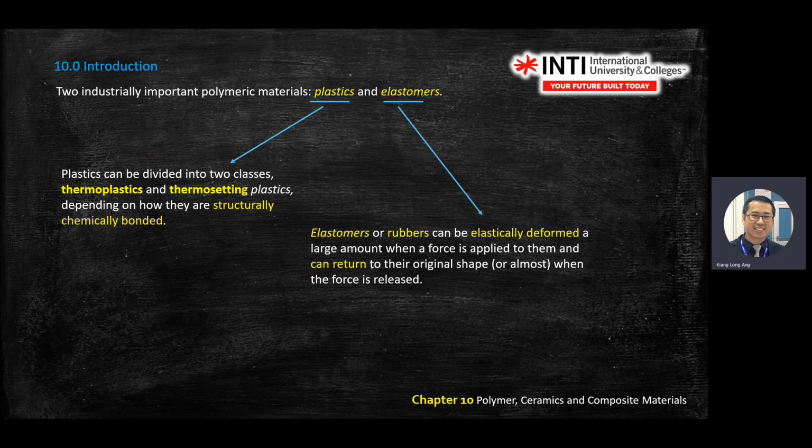So elastomer means elastic. You pull and then let go, and it returns to its original shape. But plastic cannot. No matter how hard you press, it's still there. So for plastic you have two types, thermoplastic and thermosetting, depending on their bonding. Later we'll go deep into their chemical bonding.